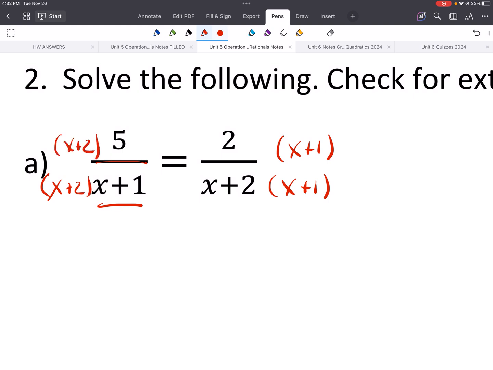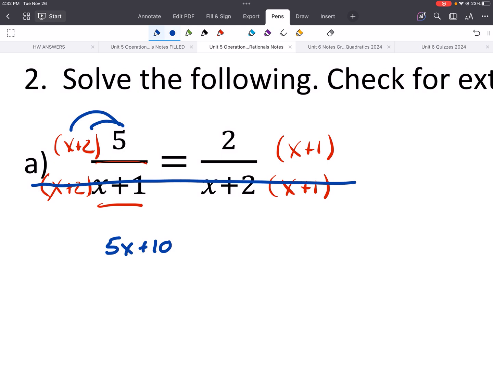Now we have a common denominator. We can multiply both sides by that, which keeps it balanced as long as we do it to both sides. So we'll have 5x plus 10 by distributing, and then distribute to give us 2x plus 2. Get all the x's on one side and all the constants on the other.